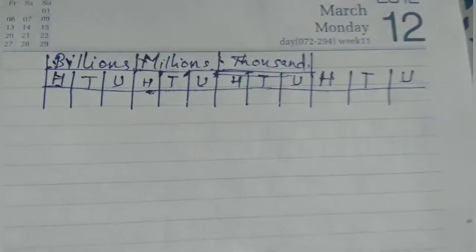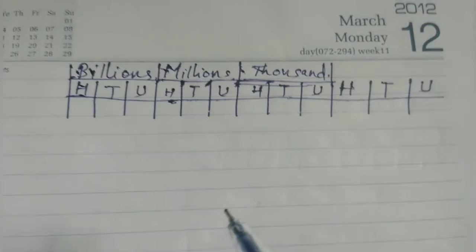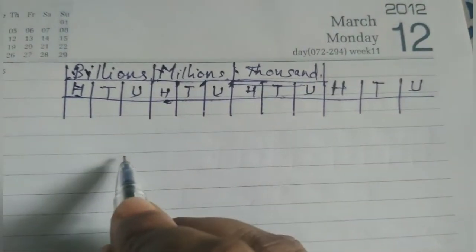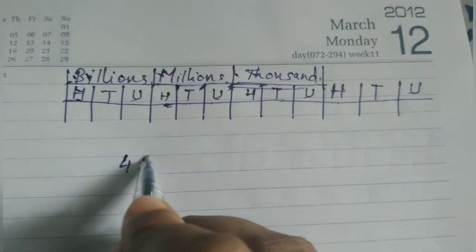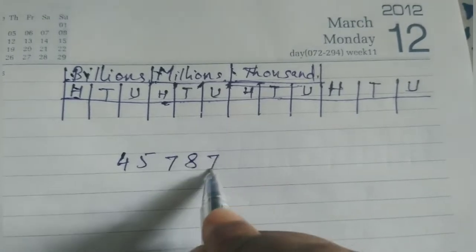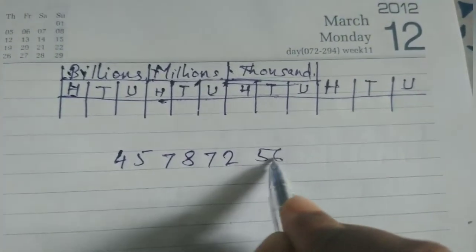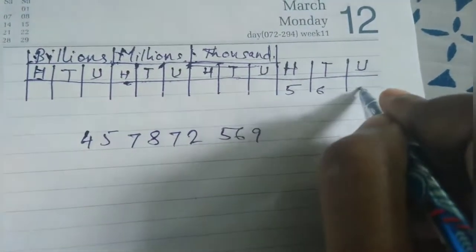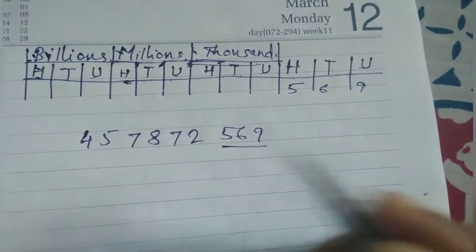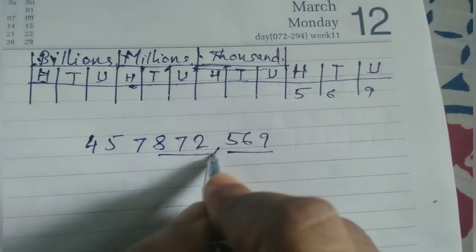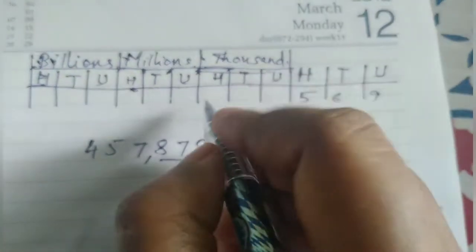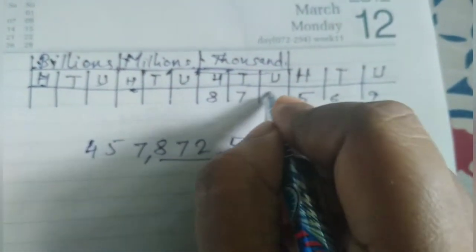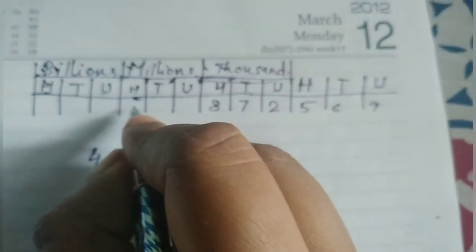Okay, so now if I have the same number that I was doing in the previous one, 4, 5, 7, 8, 7, 2, 5, 6, 9. So again I will write 5, 6, 9. I have grouped it into 3 and I have written the next 3 groups because they are divided into 3. 872, then 457.